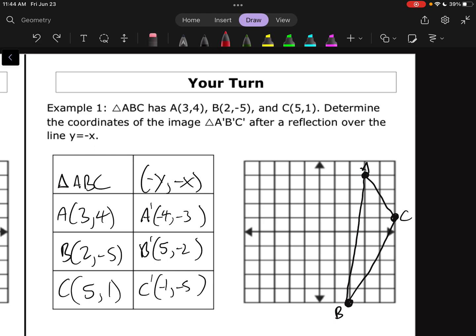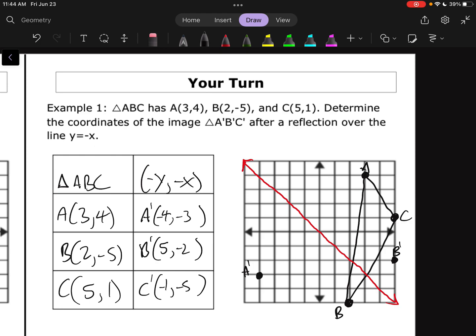And just to make sure we're clear, the line we're flipping over is this guy, going from the top left to the bottom right. So let's see if this looks good when we do it. Negative 4, negative 3. It's down here. That's A prime. 5, negative 2 is down here.